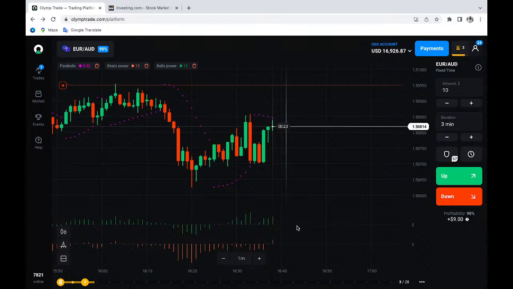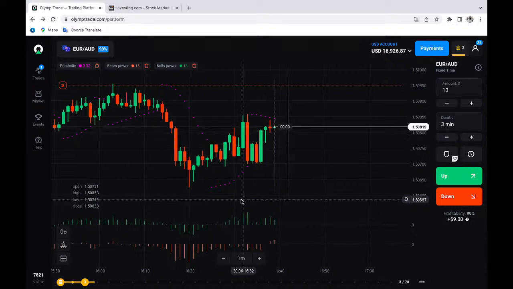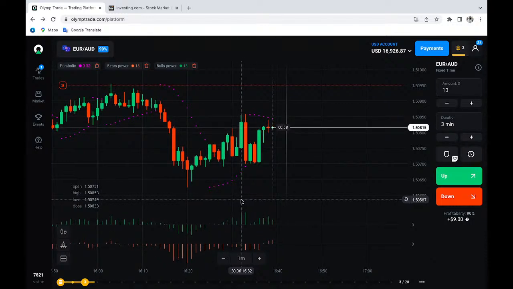If bear power is below the zero, it means it is strong, and if bull power is below the zero, it means it's weak. So it's a perfect setup for the down trade. Remember, to open a down trade, we need the parabolic moving top to bottom, above the candles, and we need bull power and bear power below the zero.